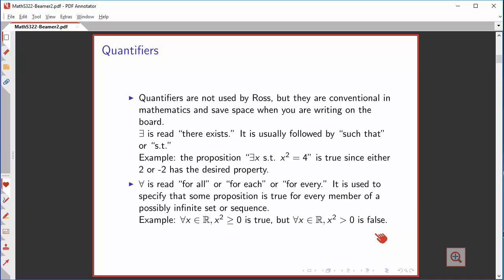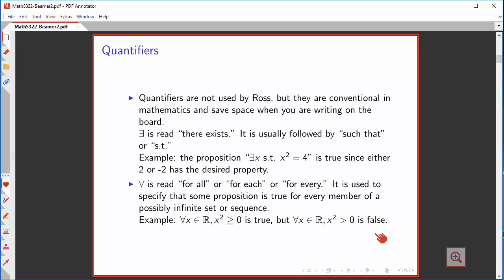The other quantifier is the universal quantifier. It's an upside down capital A. You can read it "for all," "for each," or "for every." And you use it to specify that some proposition is true for every member of some set or sequence. In most of the interesting cases, this set or sequence will be infinite.